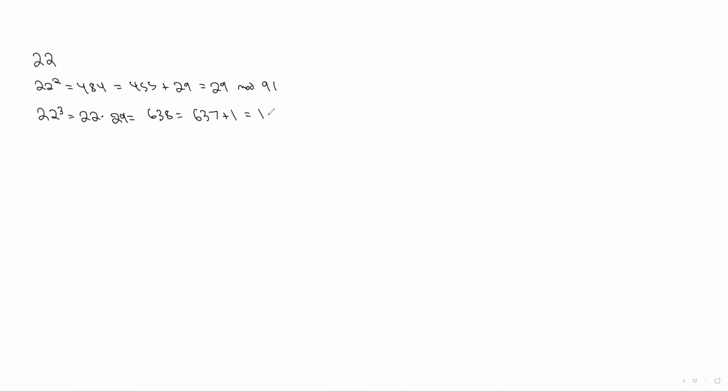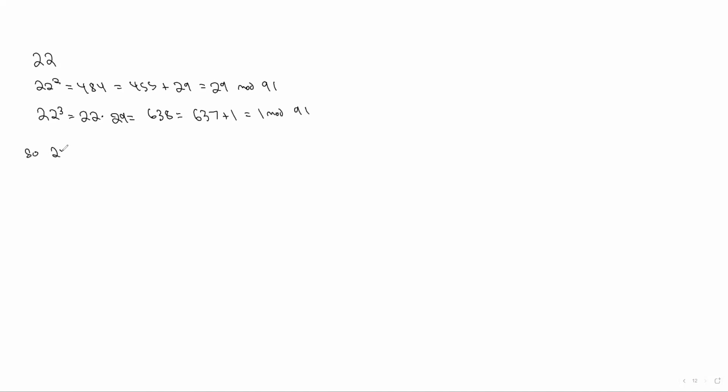Okay, the next element is 22. 22 squared is 484, which is 455 plus 29, which is 29 mod 91. Then 22 cubed is 22 times 29, which is 638, which is 637 plus 1, which is 1 mod 91.